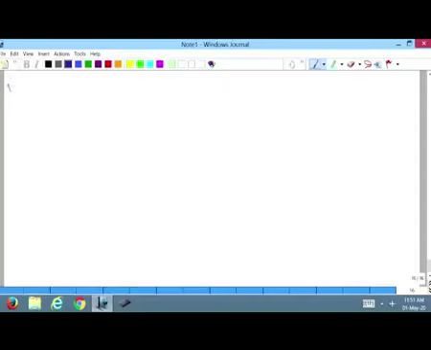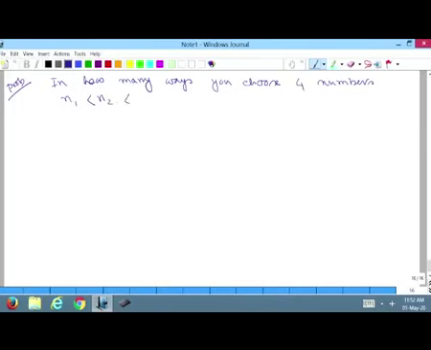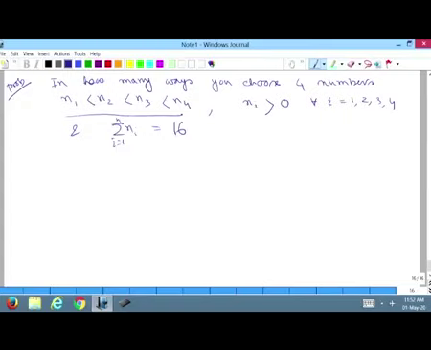So, the problem is: in how many ways can you choose four numbers n1 less than n2 less than n3 less than n4, that is, they are all distinct, with n_i greater than 0 for all i equal to 1, 2, 3 and 4, and the sum of n_i from 1 to 4 is equal to 16. So, that is the problem.